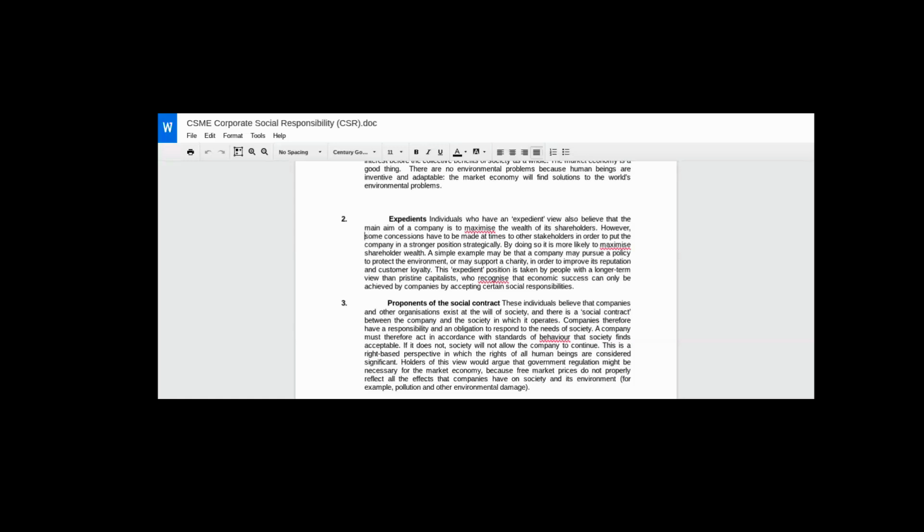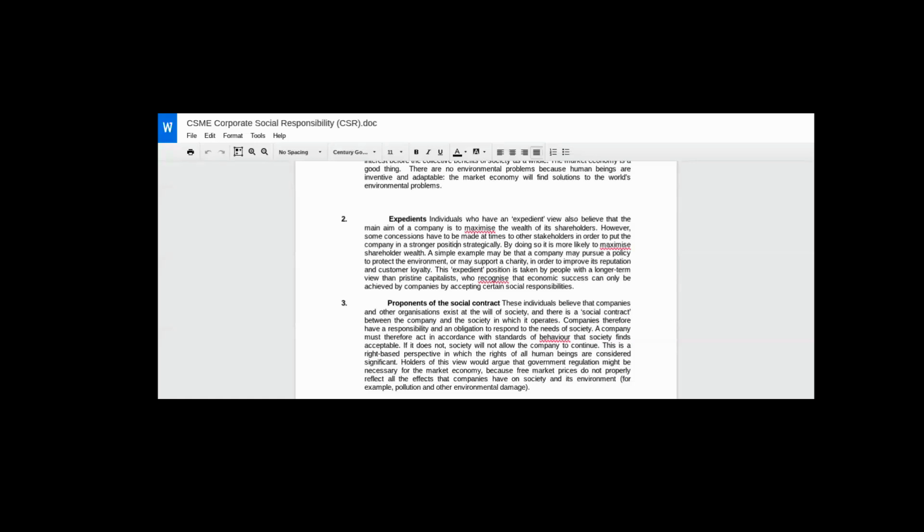however, some concessions have to be made at all times to other stakeholders in order to put the company in a stronger position strategically. Meaning that the expedient view agrees with the pristine capitalist view that the interest of the shareholders is paramount, that anything that comes in belongs to the shareholders. So the issue of CSR should not be celebrated, pronounced, or imposed on any company.